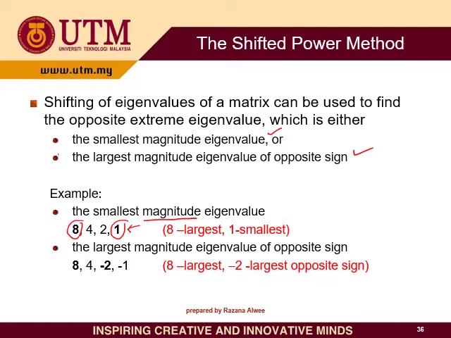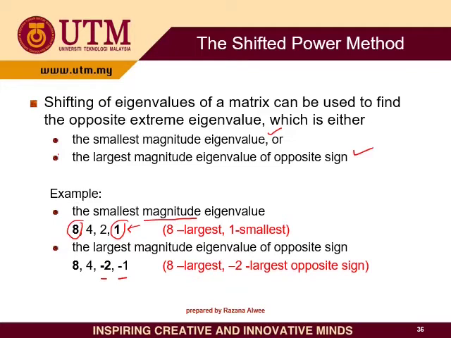But if you have plus and minus, by using the shifted power method, you can find the largest magnitude eigenvalue of opposite sign. So we have opposite signs here, which are -2 and -1, right?